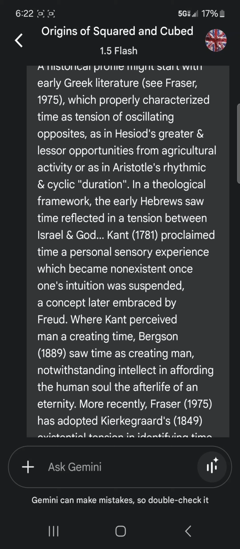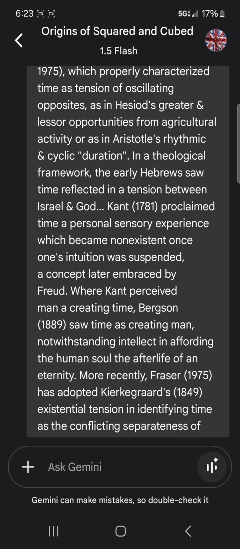A little footnote right there, I believe that's where Star Wars got the Force. As in Hesiod's greater and lesser opportunities from agriculture activity, or as in Aristotle's rhythmic and cyclic duration. In a theological framework, the early Hebrews saw time reflected in a tension between Israel and God, also the Force.